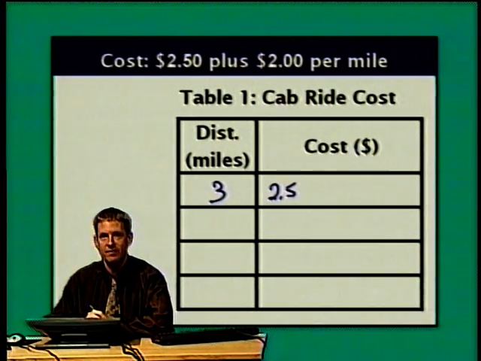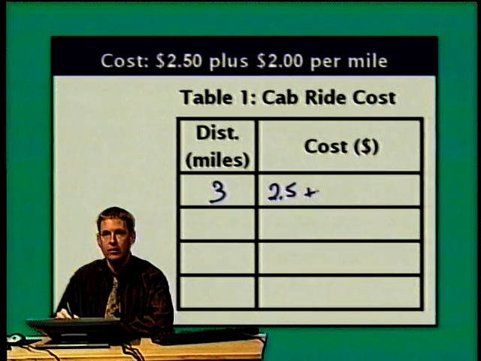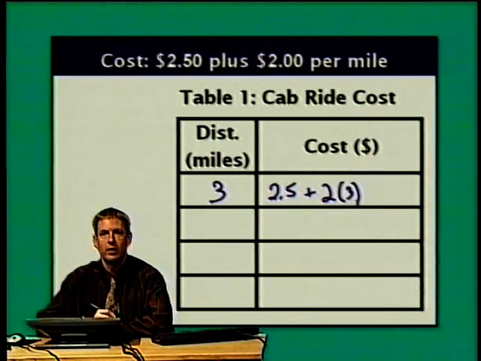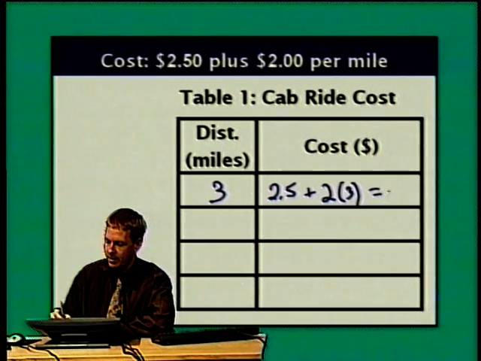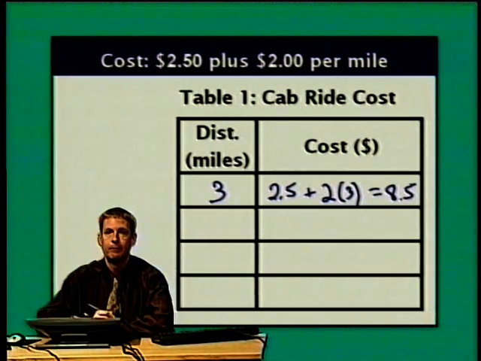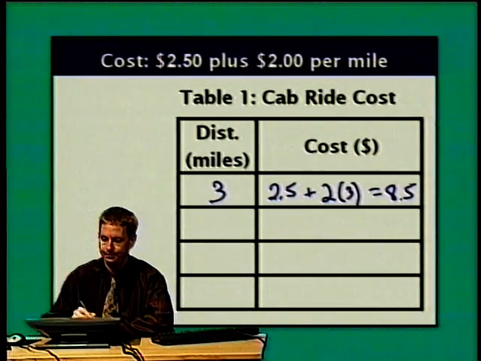I need to add to this our $2 per mile charge that's being charged for 3 miles. 2 times 3 is 6, and when we add 6 to 2.5, we end up with 8.5. And this 8.5 is representing a cab ride cost of $8.50.